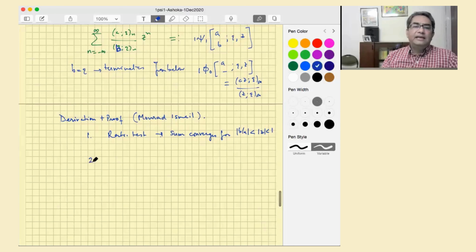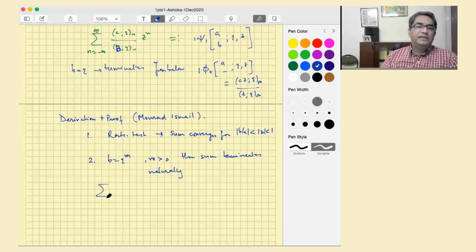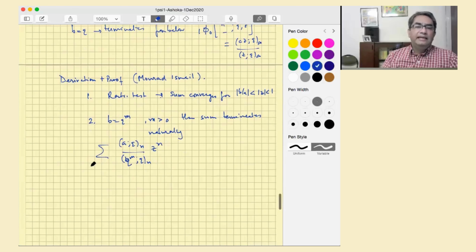And then you notice that when b equals q raised to m, for some m bigger than 0, the sum terminates naturally. So he considered this sum, (a;q)_n over (q^m;q)_n times z^n, where n is going from minus m plus 1 to infinity.